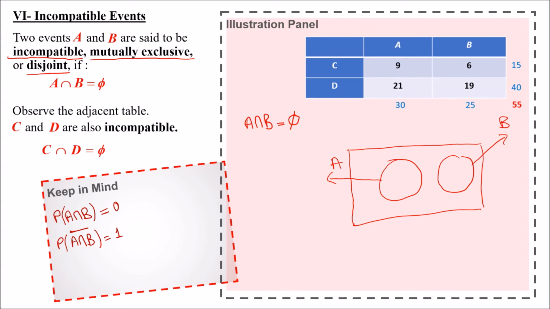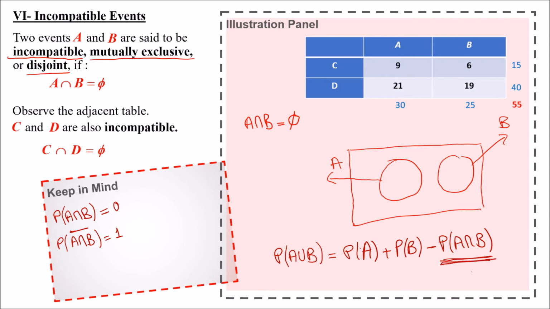One more thing which we will need to discuss. We have seen before that the probability of A union B is equal to the probability of A plus the probability of B minus the probability of A intersection B. If A and B are incompatible, look here, then this is equal to 0.